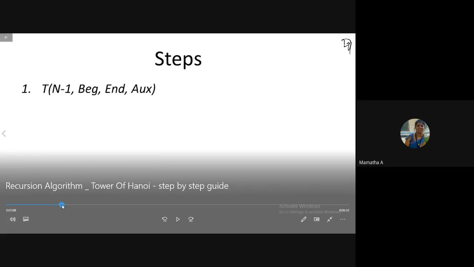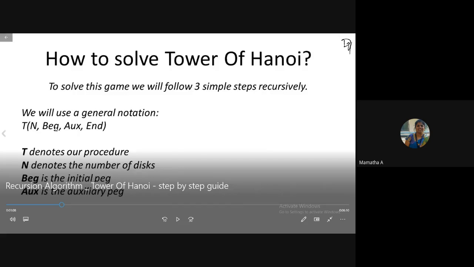Just remember the notations here. In the recursive function, first is my source peg. Beg is the source peg, aux is my auxiliary peg, and end is my destination peg. So when you are transferring also, you should assume the same order.